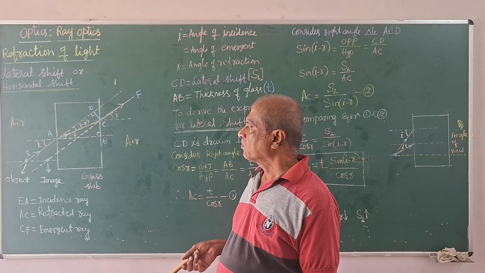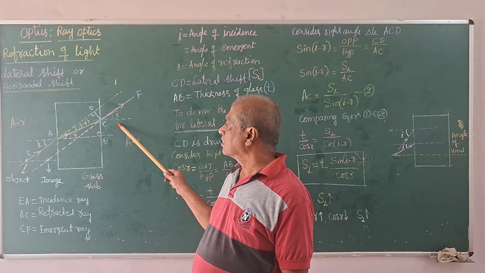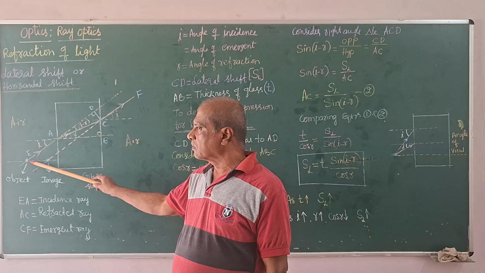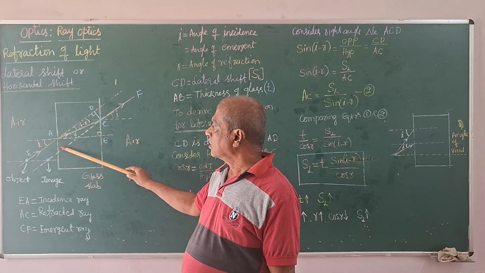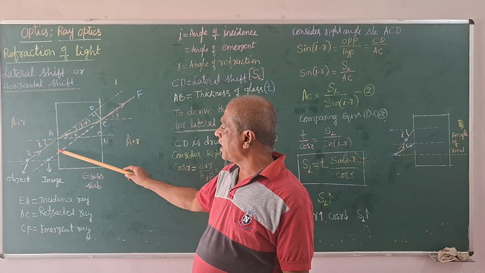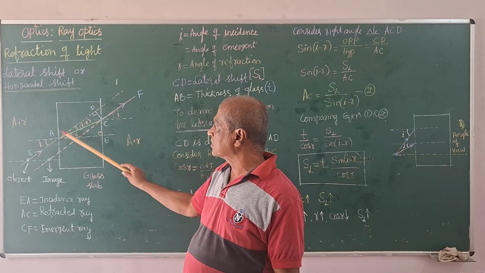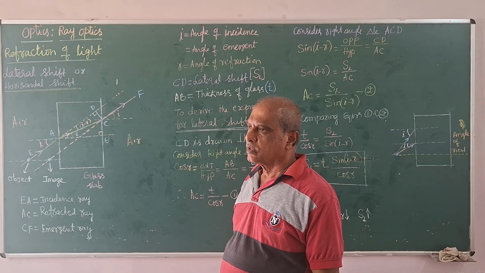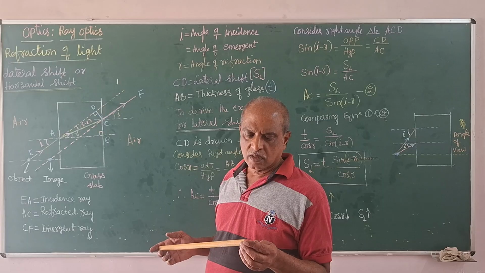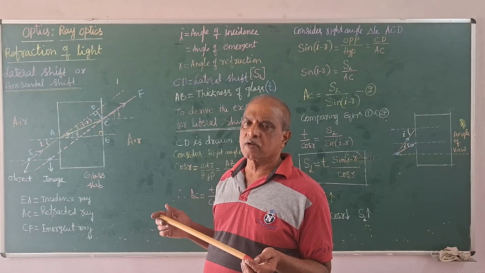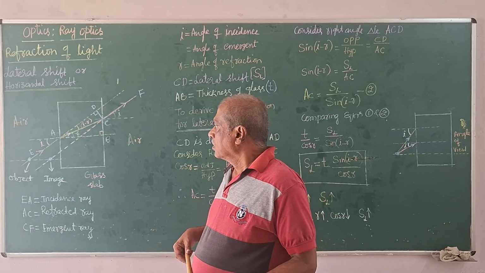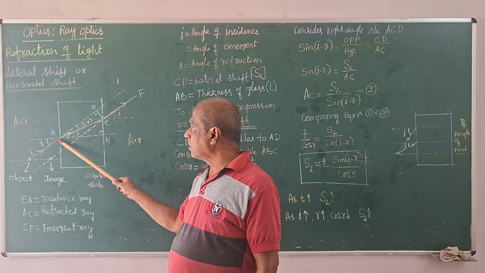Parallax error is when the object is viewed at a certain angle, not straight. When it is viewed at a certain angle like this, there is always an error in the measurement of position. It is called parallax error.